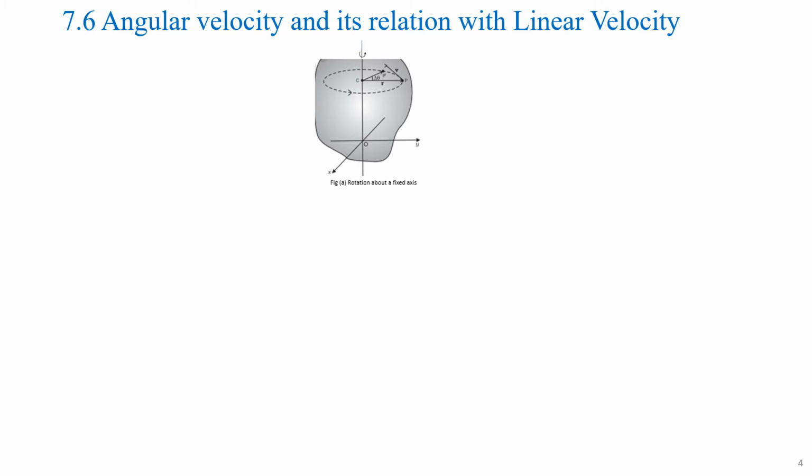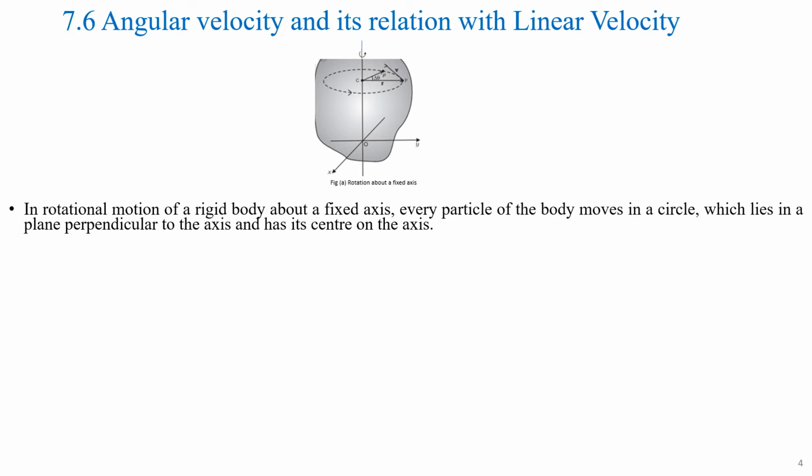Now next we will study about the angular velocity and its relation with linear velocity. In rotational motion of a rigid body about a fixed axis, every particle of the body moves in a circle. Consider the body here.